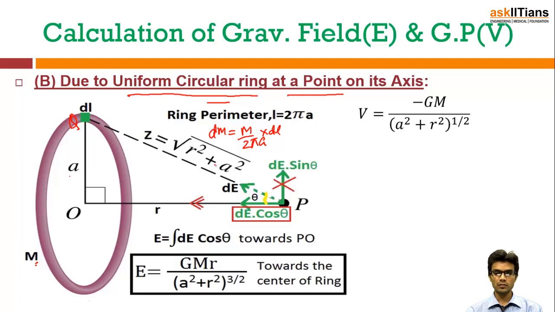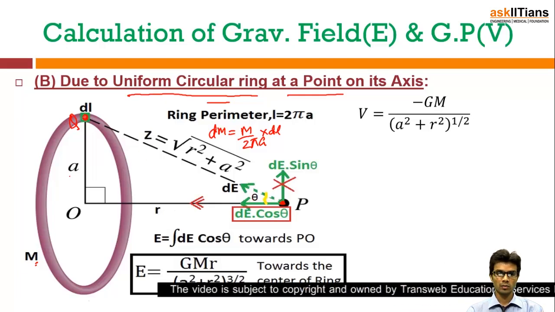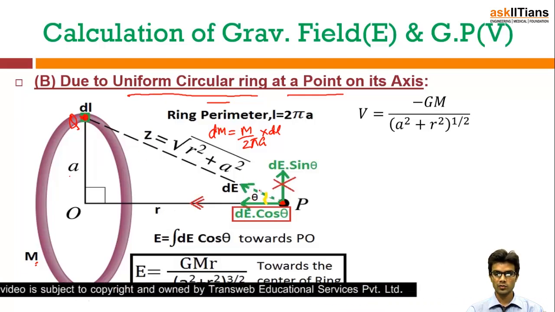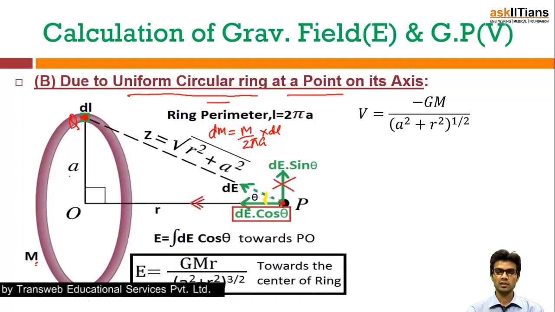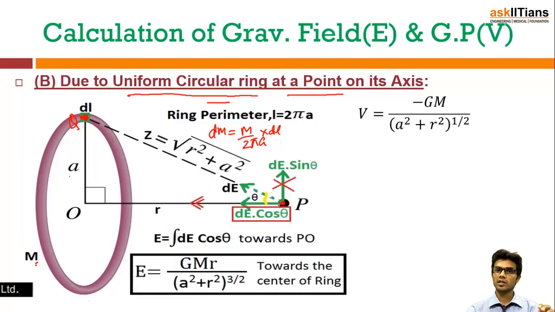Let us consider a small mass of a small length dl. This is the point mass and this is the point mass, so we are having two small masses. Leave the ring, only consider this small mass and this unit mass and find the gravitational field between these two points using GM by r square.